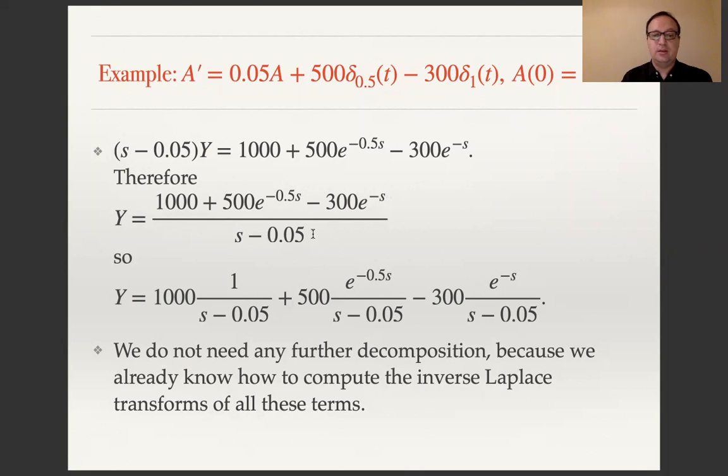And if we just split this fraction into 1000 over S minus 0.05 plus 500 e to the minus 0.5 S over S minus 0.05 minus 300 e to the minus S over S minus 0.05, then we know how to compute the inverse Laplace transform of each term, so we can find the solution.